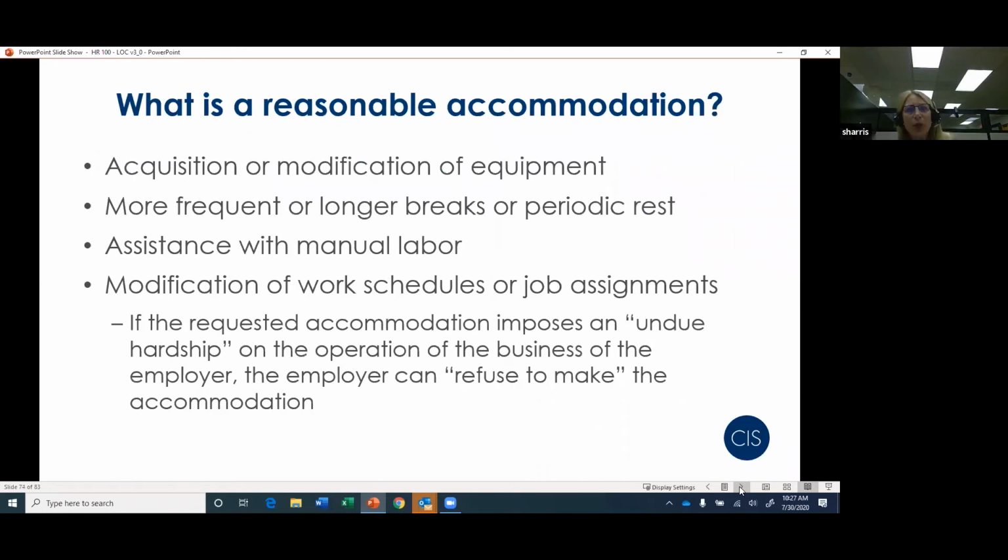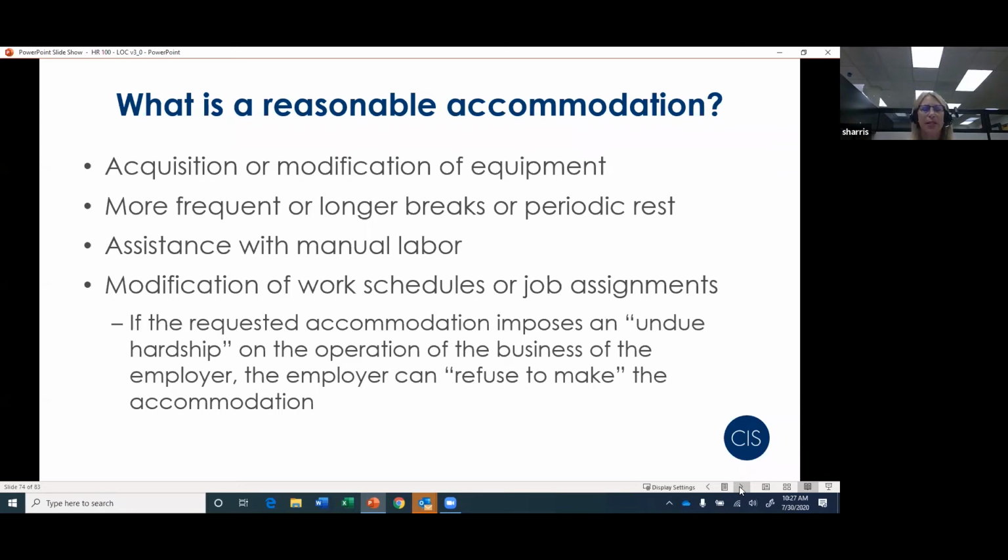So what's a reasonable accommodation? Well, maybe it's allowing an employee a longer rest break, or assisting with manual labor, or making accommodation of equipment. I worked with a county right before this rolled out, and it fit very nicely. They had a female whose job assignment was to go to families' homes.